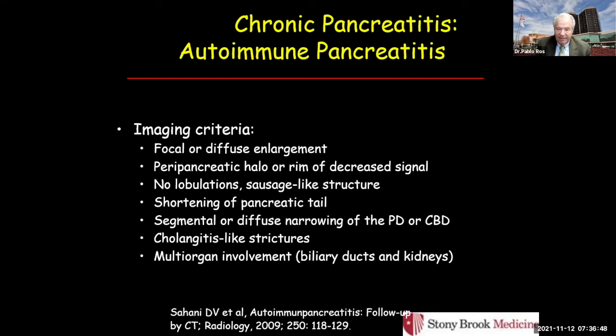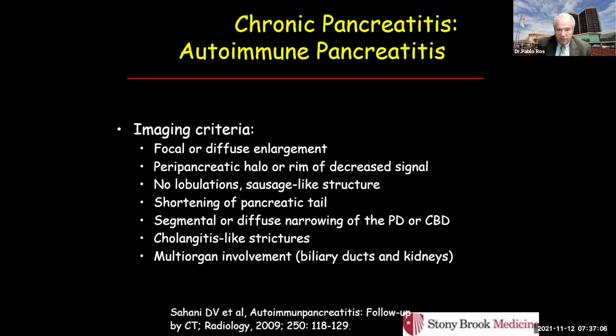We'll see that very clearly, like a little capsule that surrounds the pancreas, because it's decreased signal or soft tissue density, but does not enhance because it's basically fibrotic.